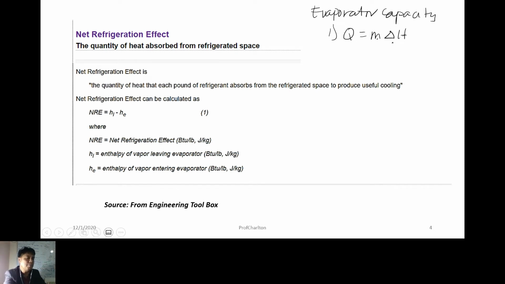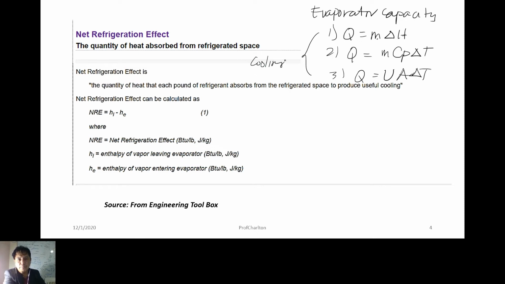Siyempre sa discharge, mas mataas yung energy. Number 2, Q equals what? M Cp delta T. Ito yung formula sa heat transfer. Number 3, Q is U, overall heat transfer coefficient, times area times delta T or D. No? So, ano yun? Capacity. Refrigeration capacity or tinatawag natin cooling load, or heat load.